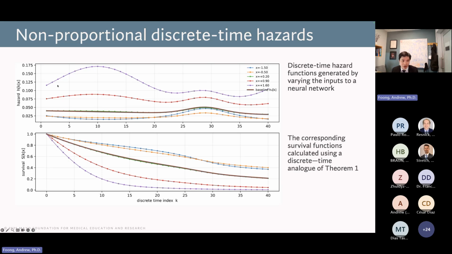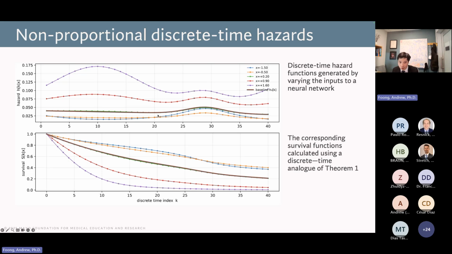Notice how there are all these little dots here. That's because I'm showing a discretized version. The hazard curves are no longer proportional to each other because we are not making that assumption at all. So we can't do that trick where we analytically optimize out the baseline hazard function. We are now having to learn the value of the hazard function at every time bin.